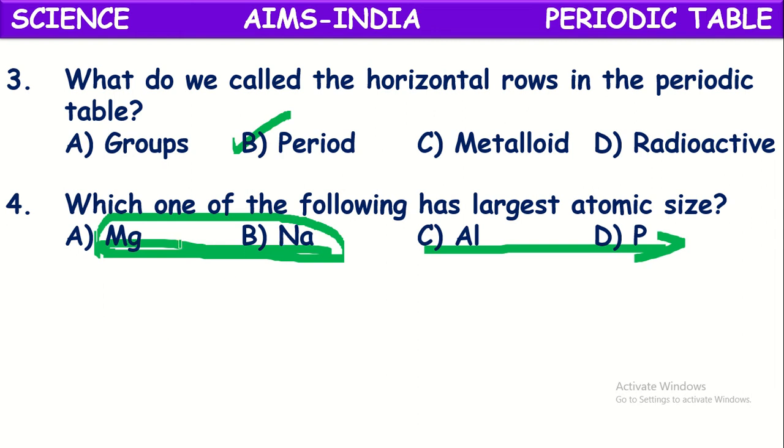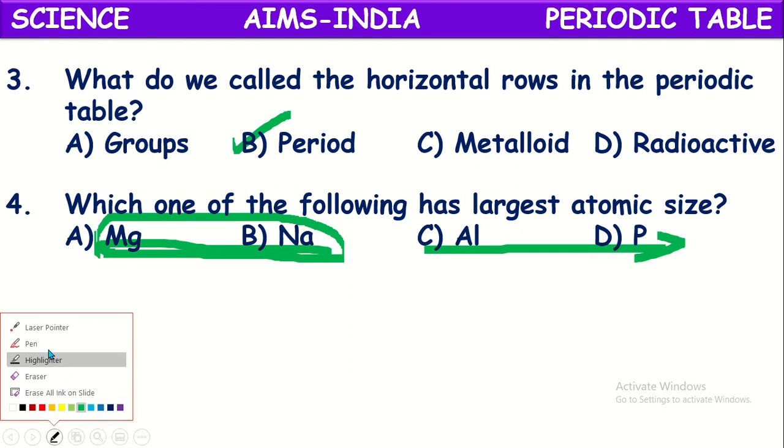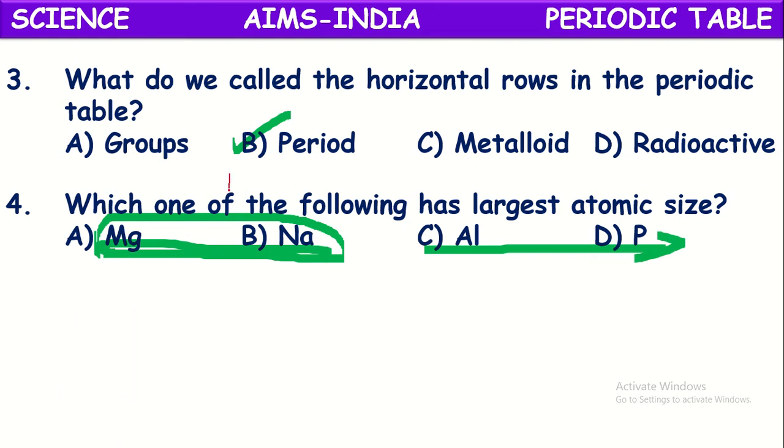First, which element will be there? Sodium. Next to sodium, there will be magnesium in the periodic table, isn't it? First there will be sodium in the third period, next to that magnesium, and then in the third period there will be aluminium, silicon, and phosphorus. This is the position of these elements.